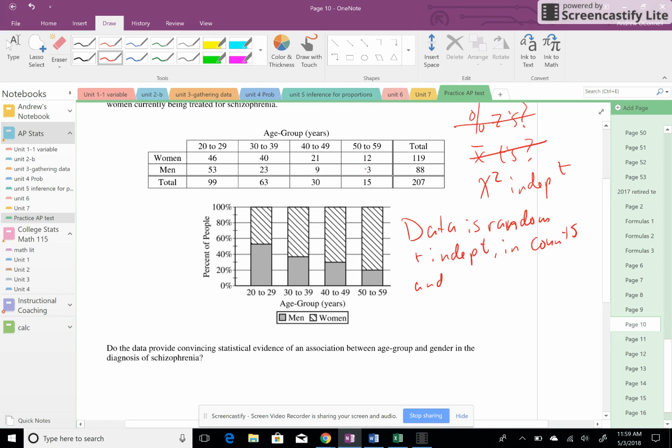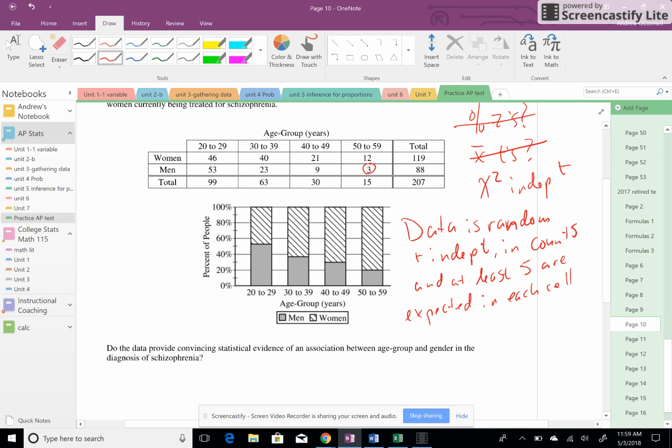And even though there's one cell that has less than 5, once we do the expected values, I'm pretty sure it's going to be over 5. So we could say at least 5 are expected in each cell.